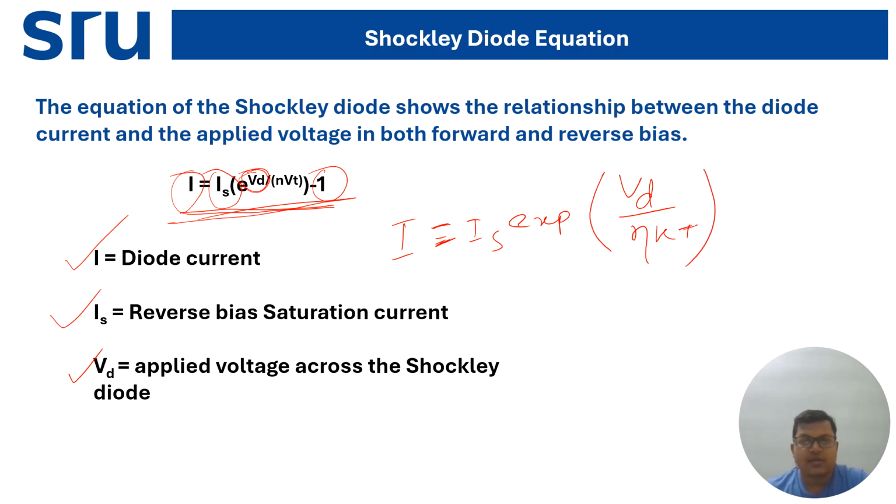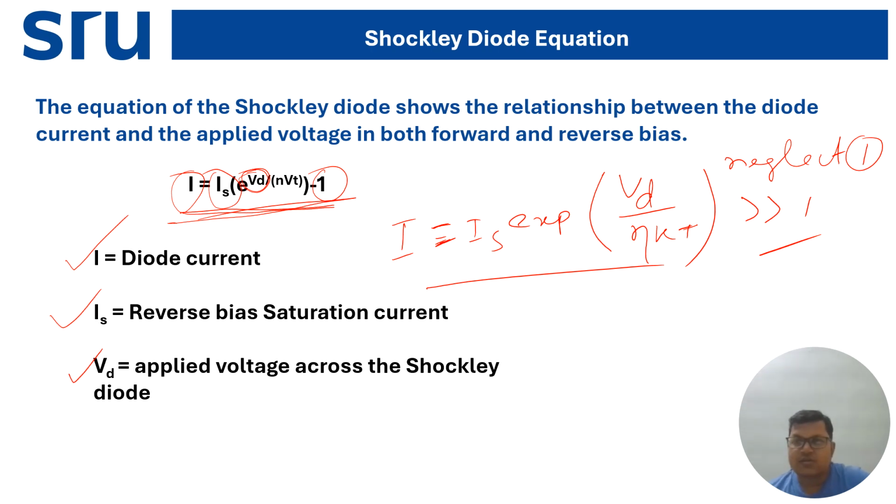This will be the final equation, because we can neglect one, as the exponential term is much greater than one. This is how we can simplify the Shockley diode equation.